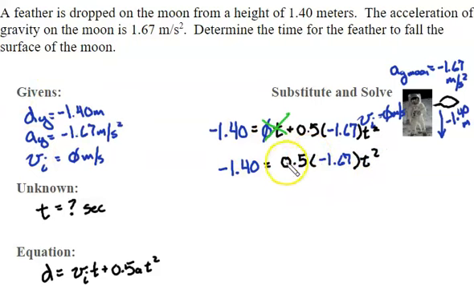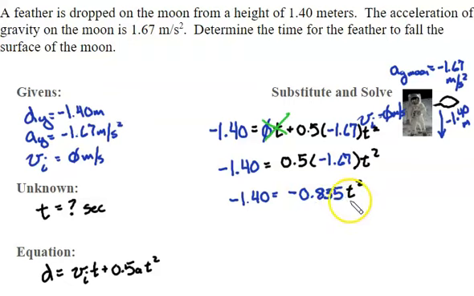Now I can simplify this a little bit right here. I'm just going to write the left-hand side again. And when I do the math, I get negative 0.835 t squared.